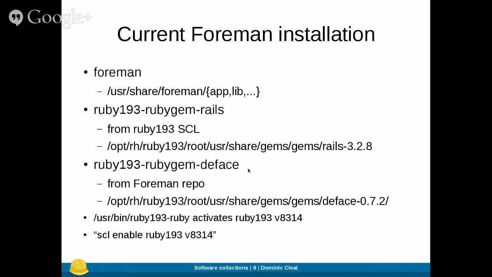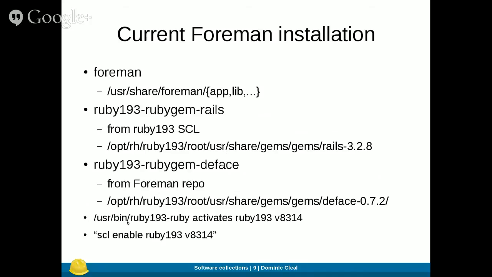We then have a number of additional packages that the Foreman project has built. These have the same ruby193 prefix, such as deface. They come from our repositories, but they install in the same path, /opt/rh/ruby193. They're pretty indistinguishable from the Rails packages, unless you look at the RPM metadata.